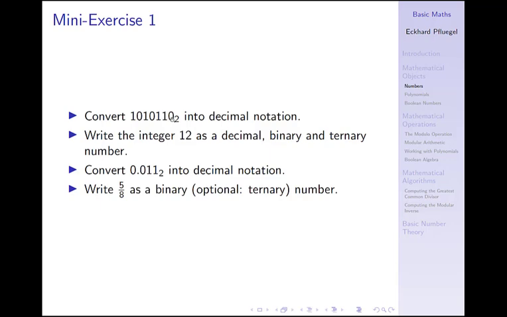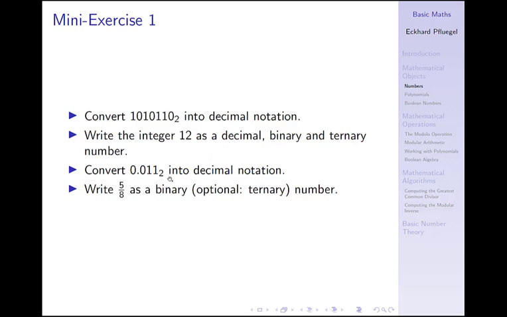So you add that up, you obtain your decimal number. As the next exercise, you do it the other way around based on a decimal number, 12. Well, it's very straightforward to express that as a decimal number. Can you also convert it to a binary and then perhaps to a ternary number?